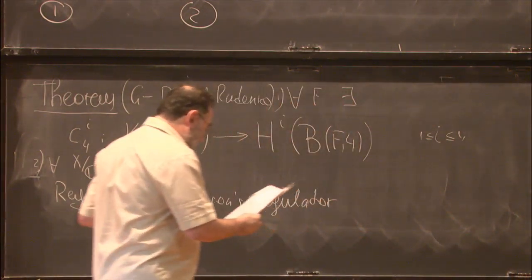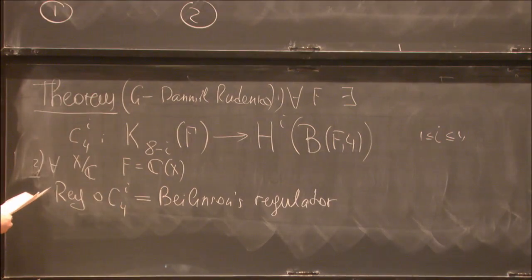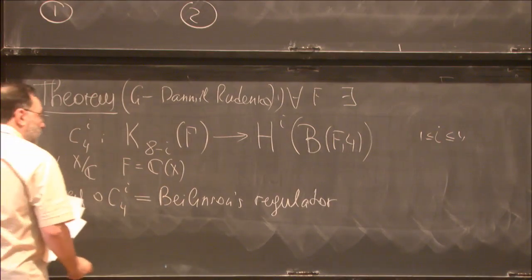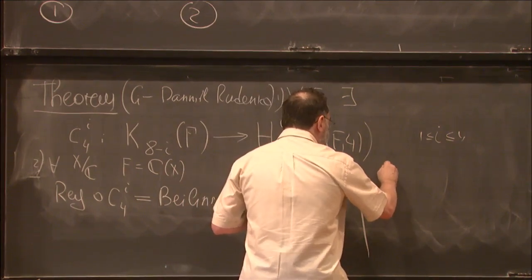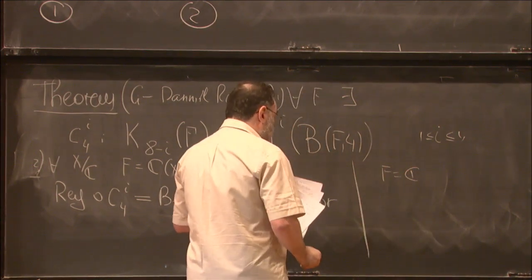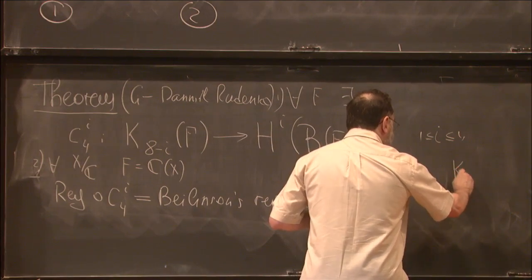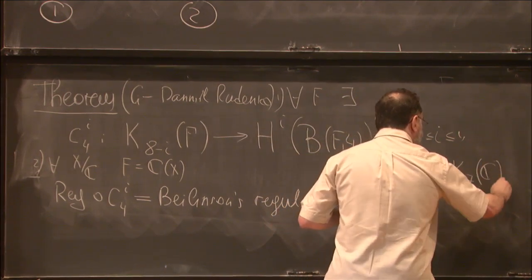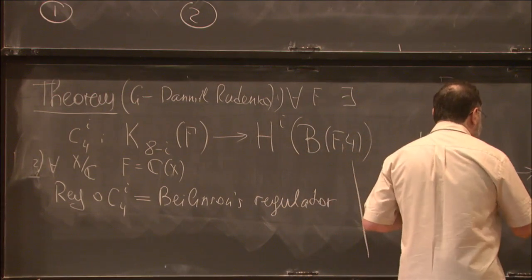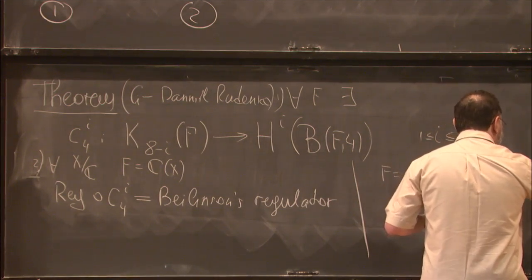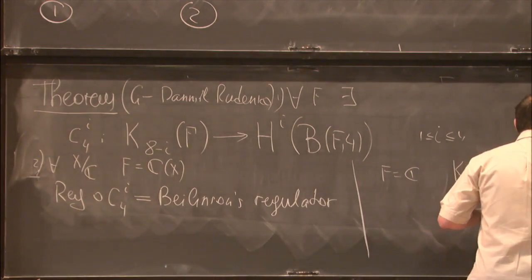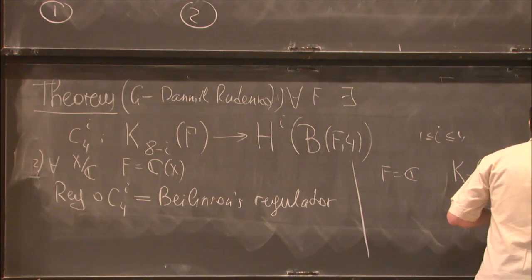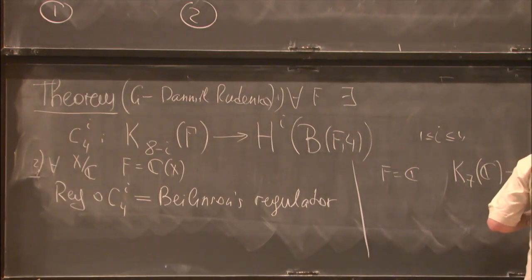So, okay. Now, a little comment on this. In particular, if you take the special case when your base field is C, then in this case you get a map from K7 of C to the cohomology of this complex, which is the kernel of B4 of C going to B3 of C tensor C star.